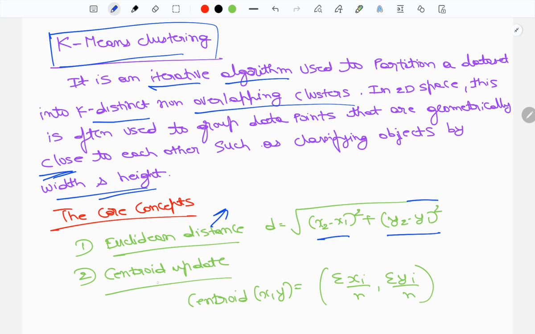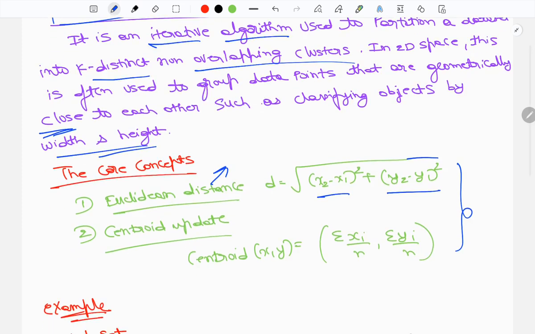The second is the centroid update. The centroid of (x, y) is the summation of xi divided by n, comma, the summation of yi divided by n. These two things will get more clarity when we consider one example.